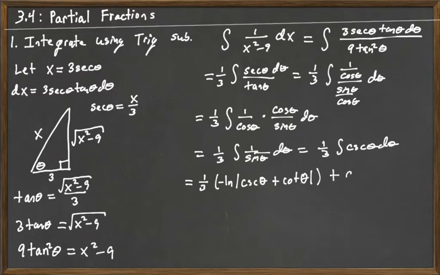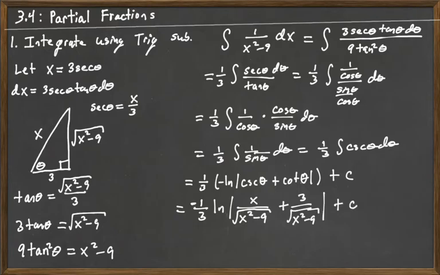Okay, and then plus your constant of integration. So 1/3, we'll slide the negative out. ln absolute value, cosecant is going to be the hypotenuse over the opposite side, so x over the square root of x squared minus 9, and the cotangent is going to be the adjacent over the opposite, so the 3 over the square root of x squared minus 9, and then plus c.